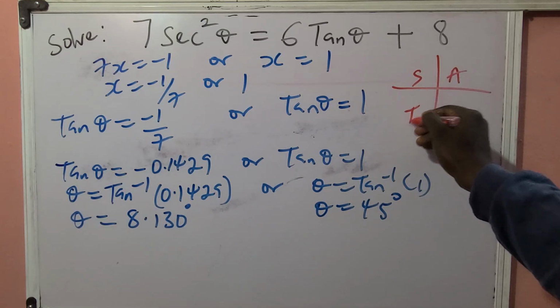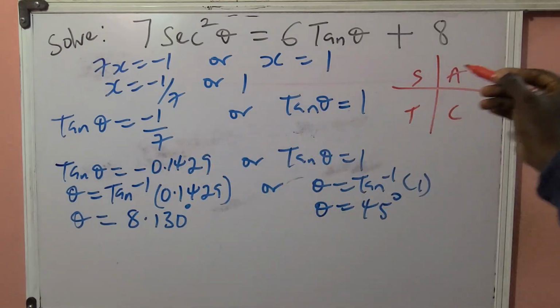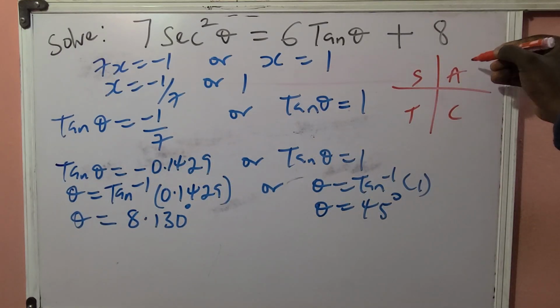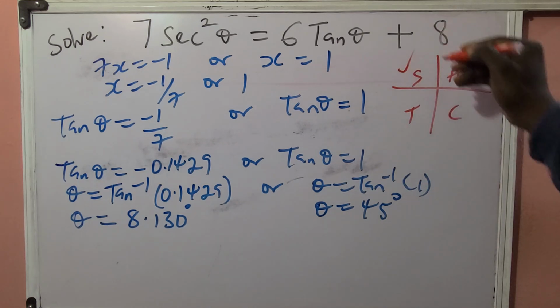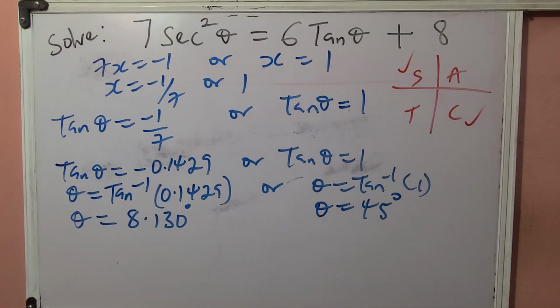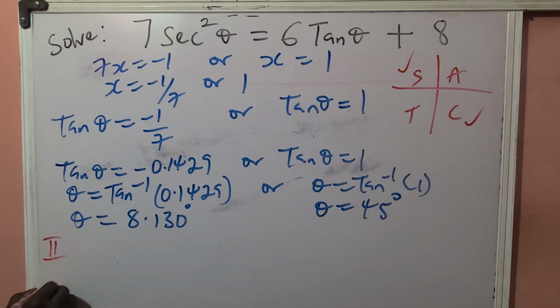All Students Take Calculus, and we have a negative sign here. So I'm looking for where my tan is negative. Tan is positive in both the first and third quadrants, so it will be negative in the second and fourth. So my quadrant of interest on this particular side is the second quadrant and the fourth quadrant.